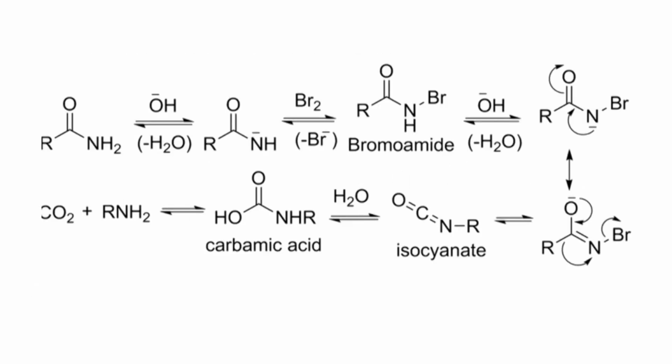So let's look at the mechanism. In the presence of a base, this RC double bond O NH2 forms RCONH minus, which is a nucleophile and can react with bromine, with the loss of bromide, to give you what is known as a bromamide. And the bromamide can again undergo deprotonation to give you N minus.